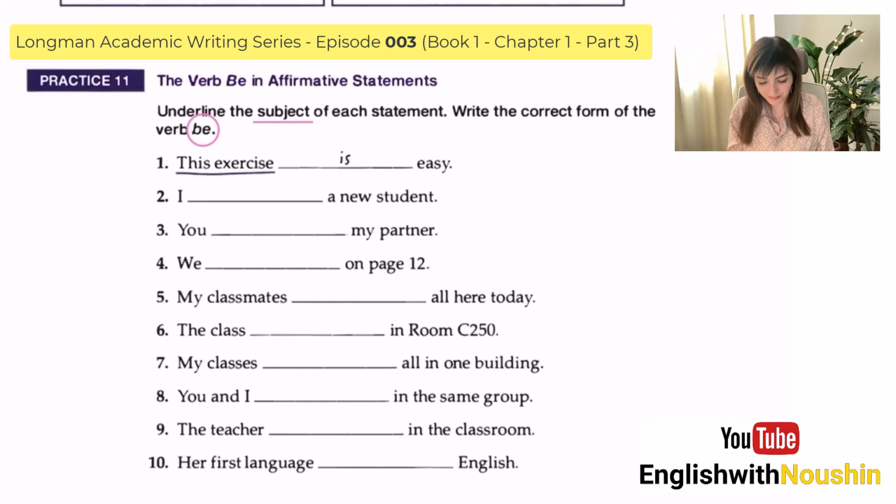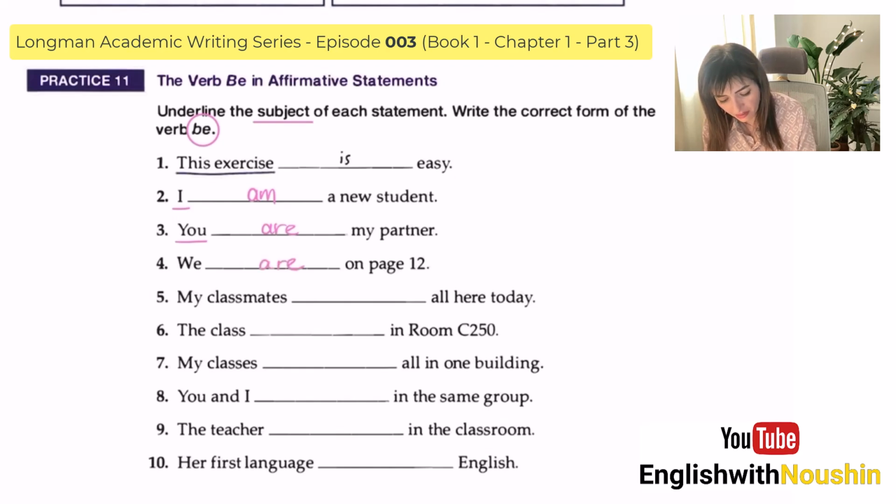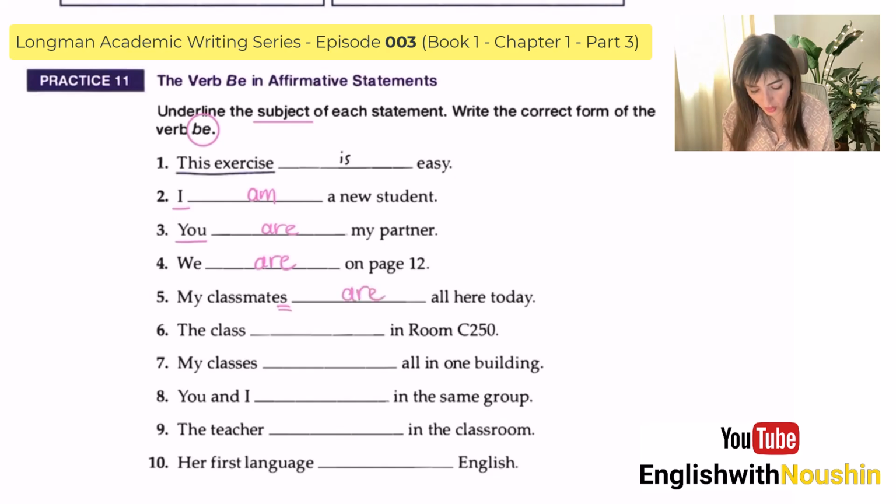Okay, are you back? Let's see. Number 1, this exercise is easy. I am a new student. You are my partner. We are on page 12. My classmates, plural form, are all here today.